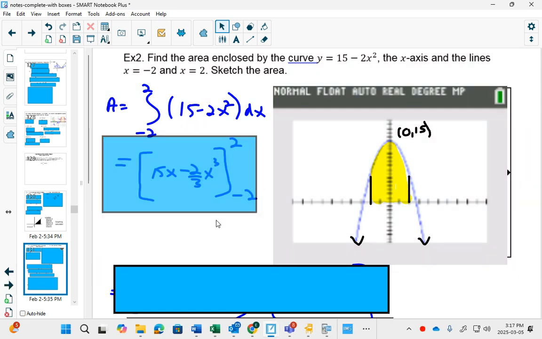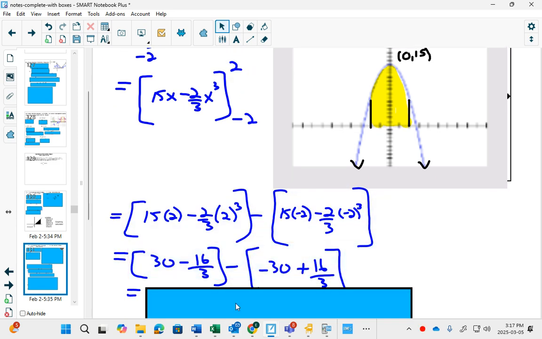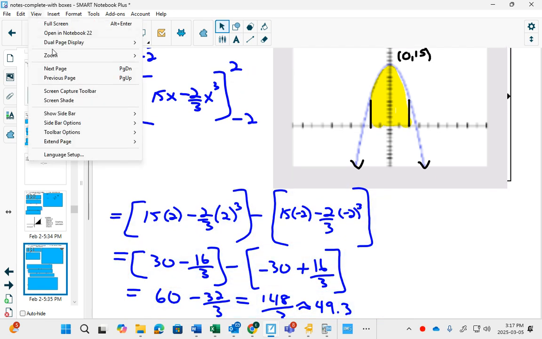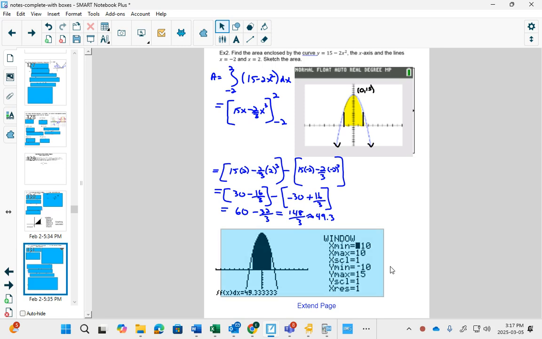All right, you can check how you did. $49.3 as a final value. And you could double check it with your calculator as well.